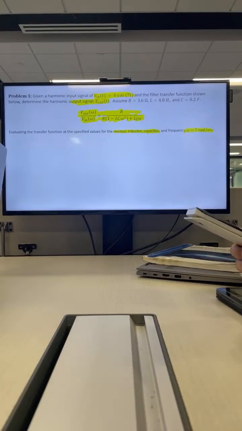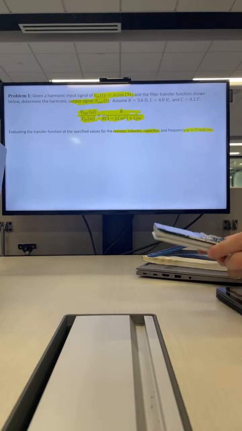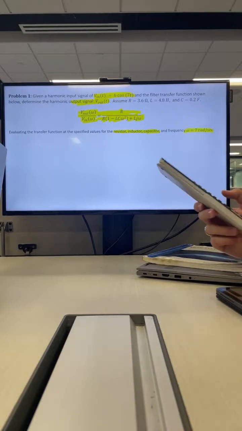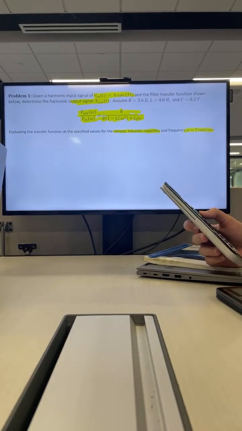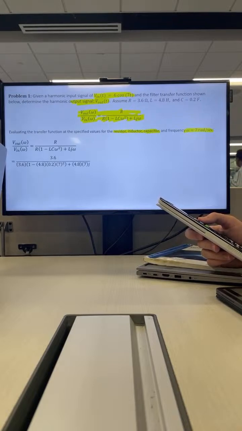So the first step, you need to plug in the values for R, C, everything, and get the complex number. The transfer function in terms of a complex number, with the j, without the R, C, L values. Do you agree, guys? So now I have my complex function in terms of numbers.